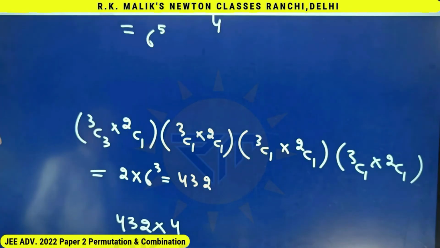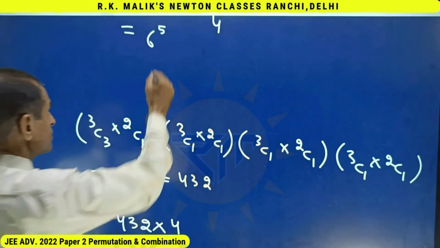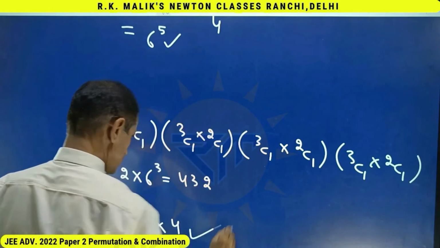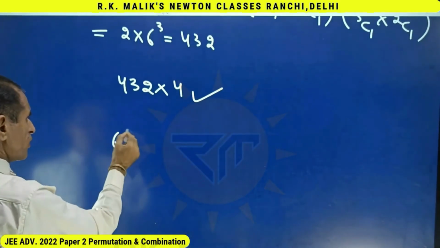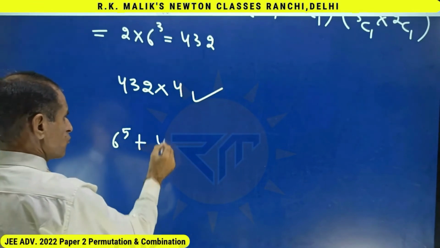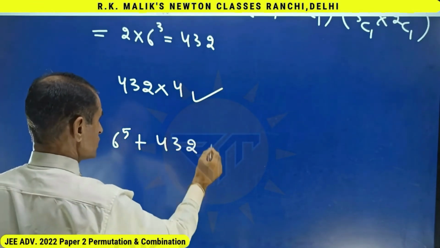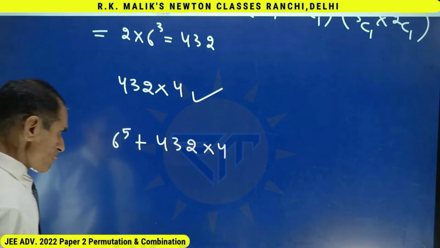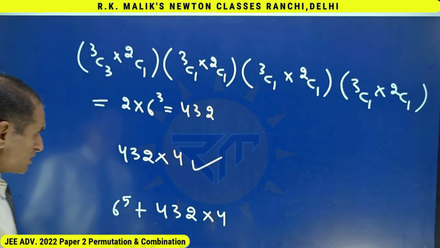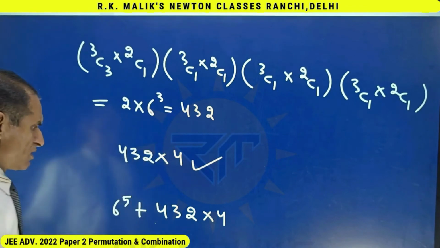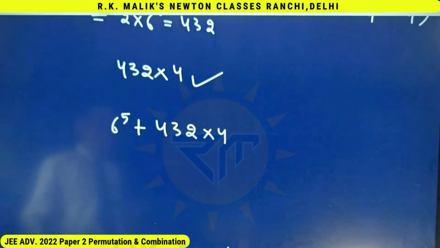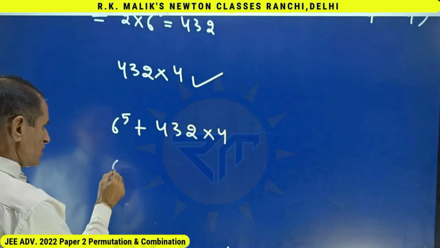Hence, total number of ways will become sum of this and this, that is 6 to the power 5 plus 432 into 4. But it is better to write 432 as this only, because it will make calculation easier.